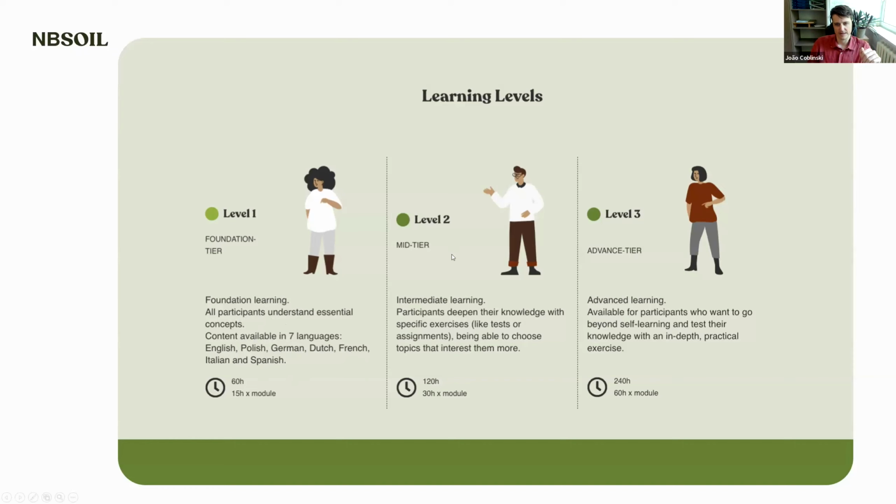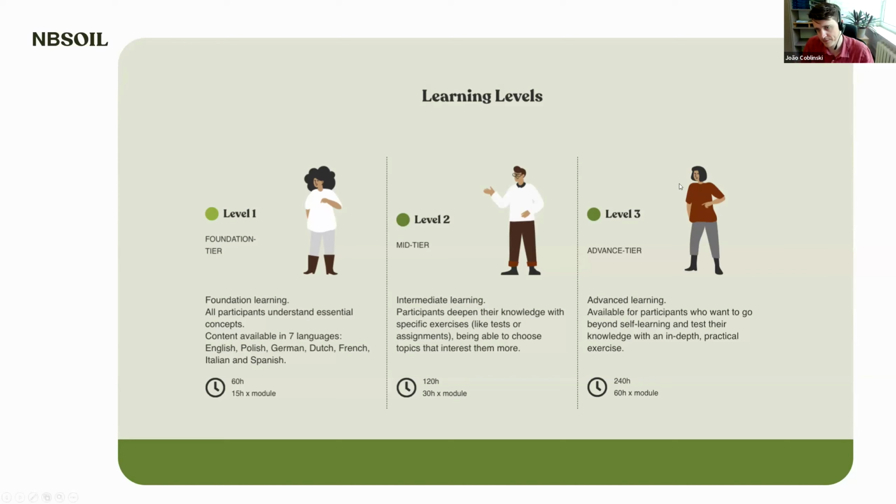The second level is a mid-tier, an intermediate learning. Here the participants deepen their knowledge with specific exercises, being able to choose topics that interest them more. It has more hours, a 30-hour level, where we go deeper into the knowledge about the thematic.